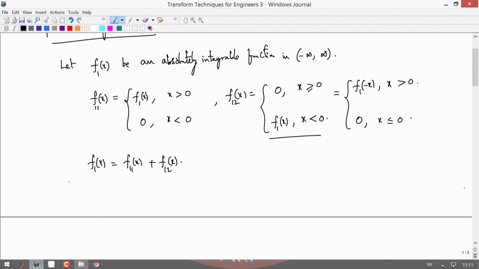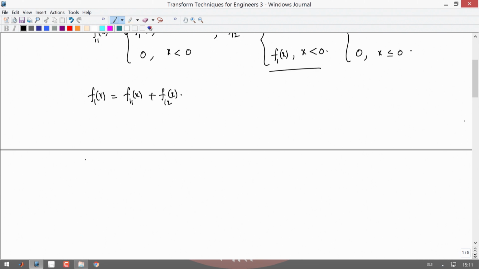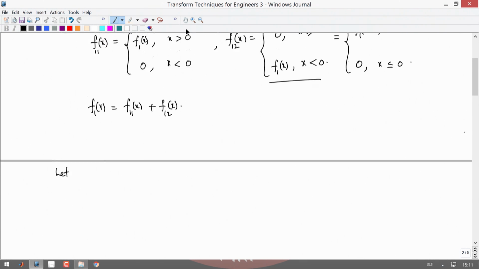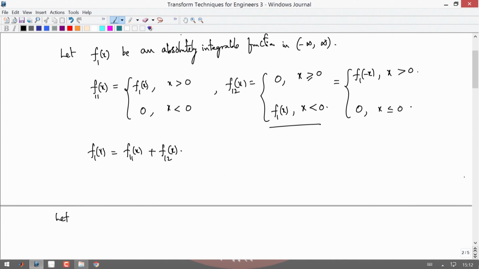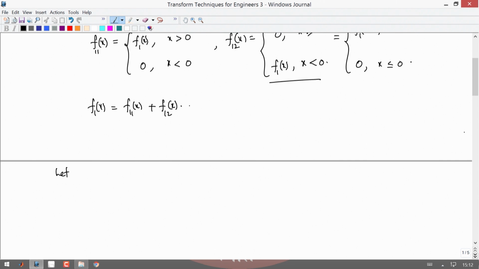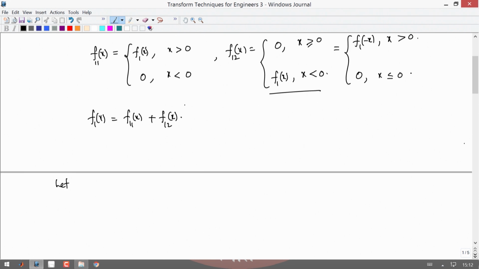We can always do this breakup of the domain so that you can rewrite f1 as two such functions, where the positive side is defined and on the negative side it is 0. So it is only defined on the positive side.